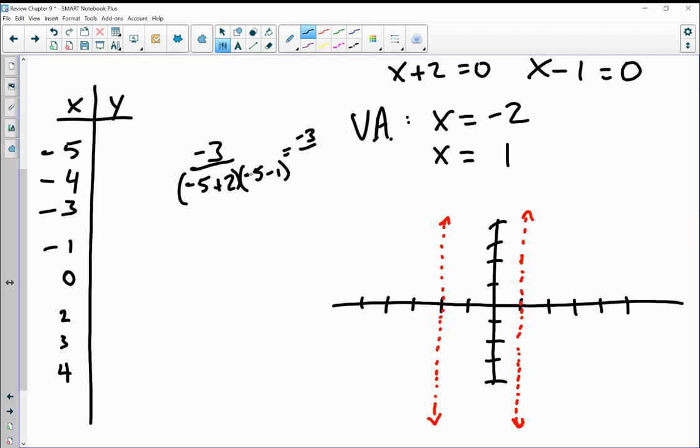So that's -5 plus 2 is a -3. -5 minus 1 is -6. We can cancel the -3's. So that'll be -1/6. Is that right? -1/6.